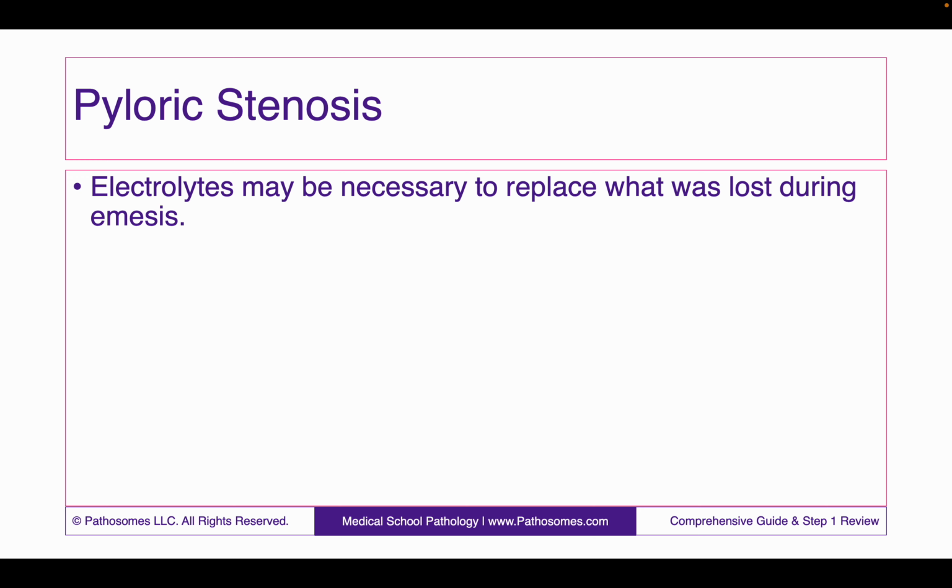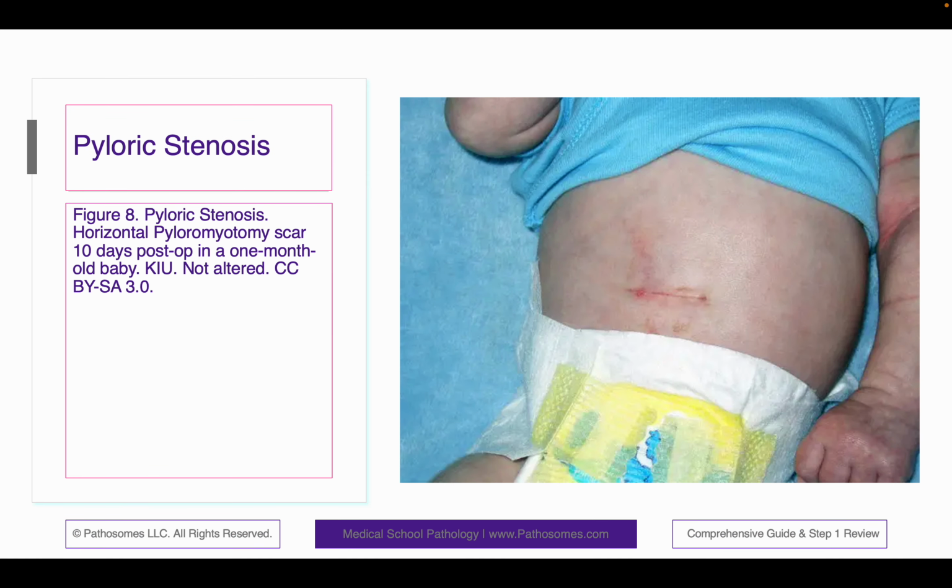In regards to pyloric stenosis management, which you'll need to know even at this level, electrolytes may be necessary, and that's to replace what was lost during the emesis or vomiting. Here we have a horizontal pylorotomy scar.